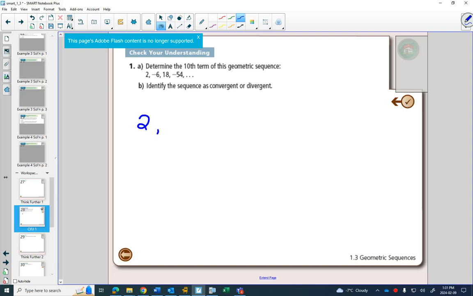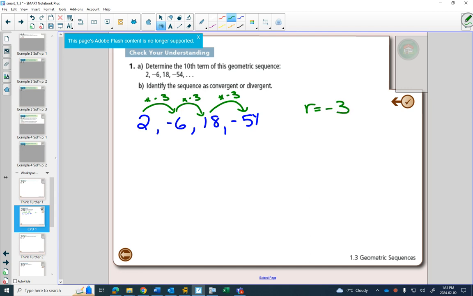First of all, is this one where you can tell what you're multiplying by? Is the mental math very hard? No. What do you get? -3. So we're going to multiply by -3. And sure enough, to jump to the next one, multiply by -3 again, and multiply by -3. So we would say our common ratio is -3.